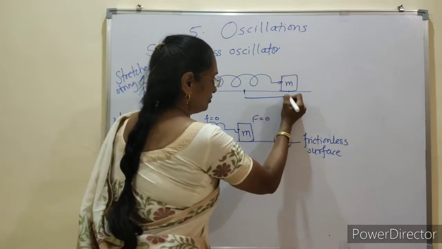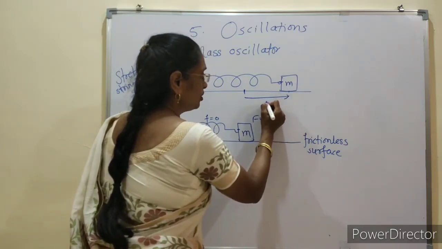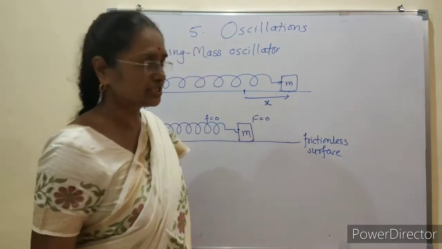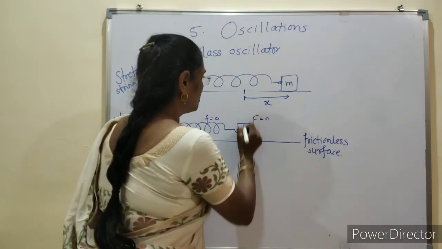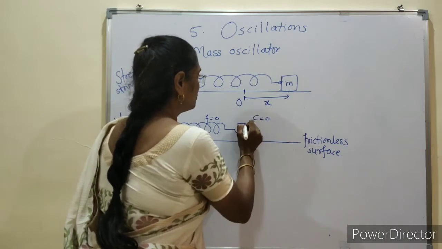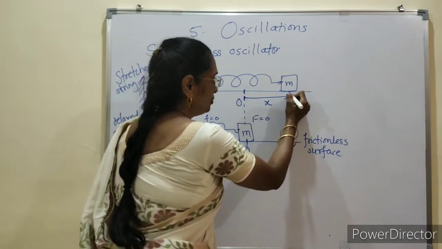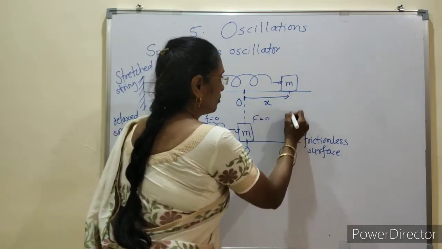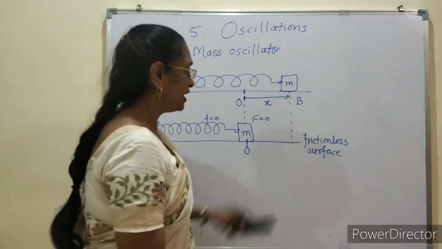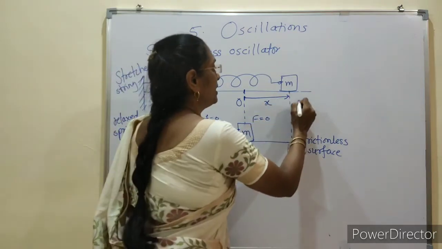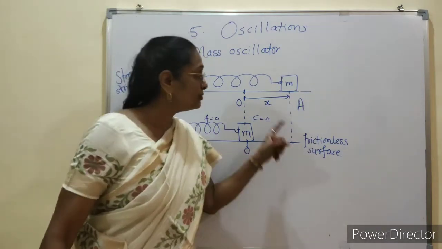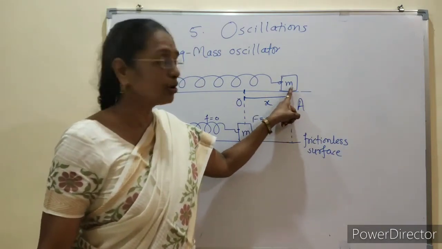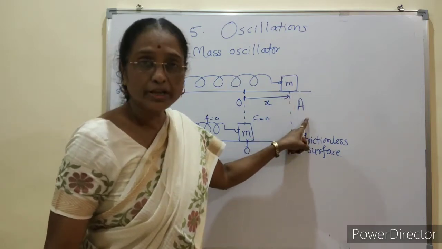Automatically this block is displaced through a distance x. This is the original position, and the new position the block has taken, suppose it is denoted by A. Then as soon as we stretch it, the block is at position A.